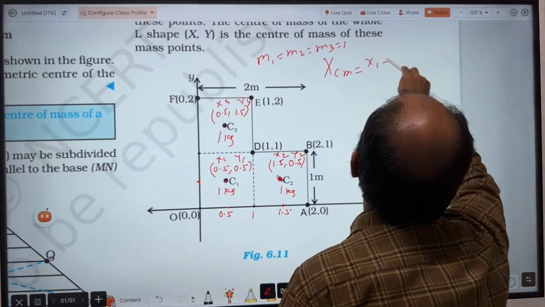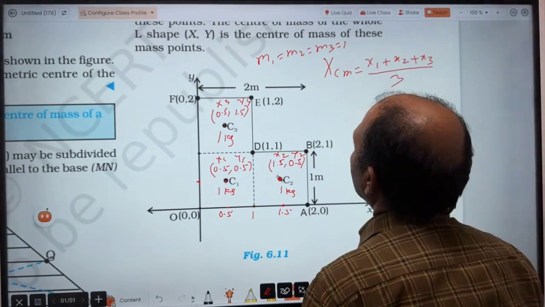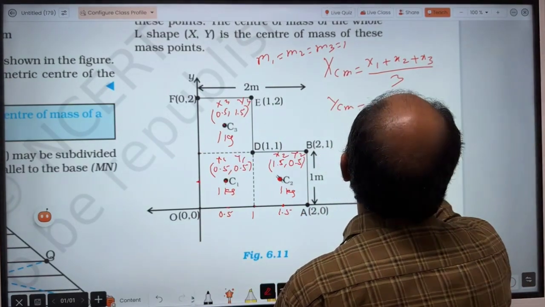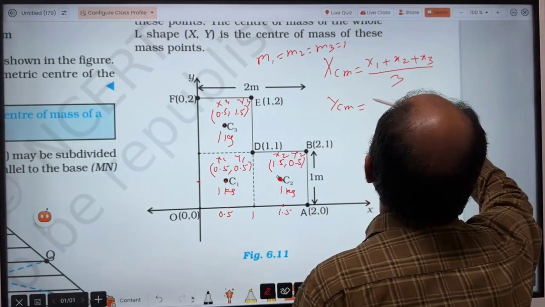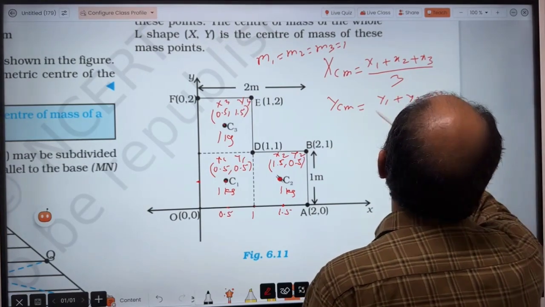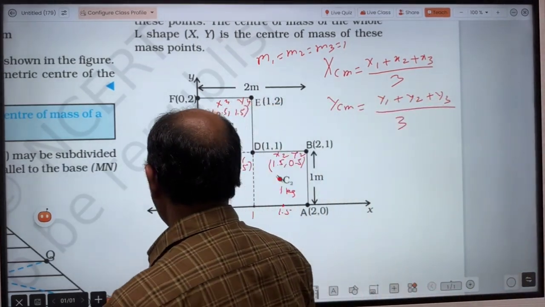So this will become x1 plus x2 plus x3 divided by 3. Now write the coordinates of x. Similarly, ycm you can find: m is 1, so y1 plus y2 plus y3 divided by total mass 3 kg. You can evaluate.